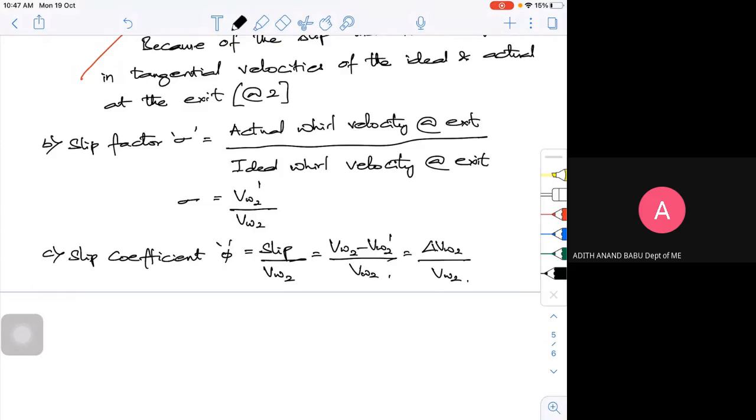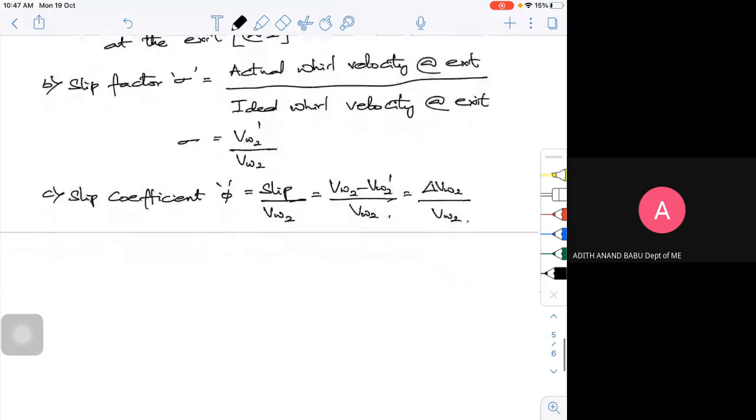Now, if I consider the slip, what will happen to your pressure ratio equation? Your pressure ratio equation will reduce, so the work will also get reduced. If slip is considered, what will happen to equation 7?